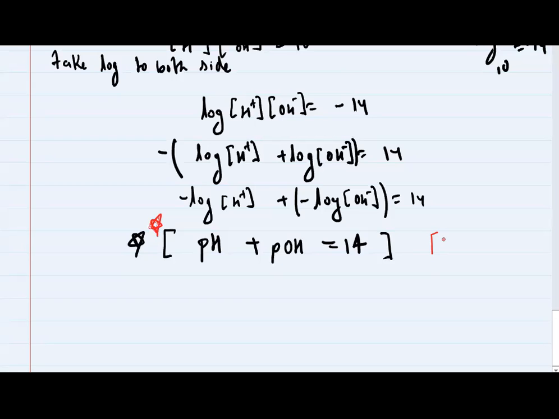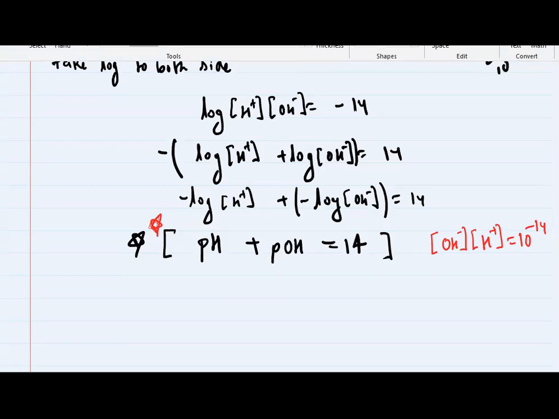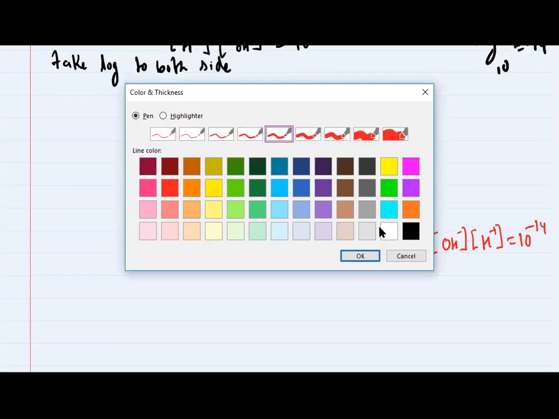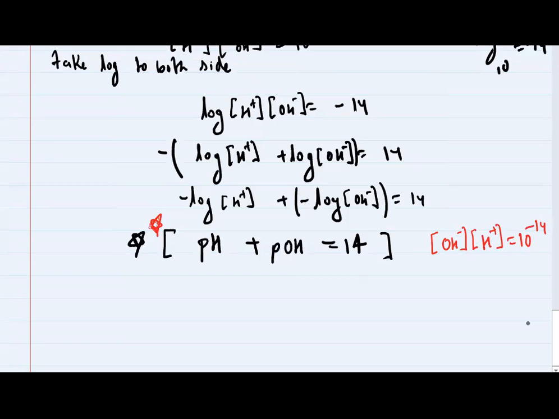Second one is this: concentration of OH minus into concentration of H plus is equal to 10 to the power minus 14. So these two expressions we will be using to solve problems. Got it everyone? Now you should ask, how will we be using these two to solve problems? So let's see.